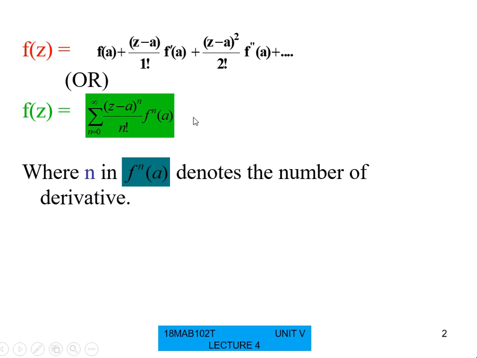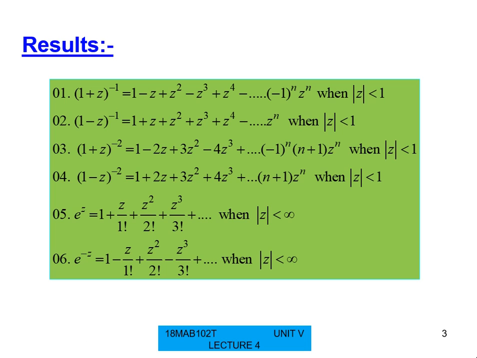So, already we have come across some familiar infinite series. Let us see one by one. These are some infinite series, and you know (1 plus z) whole power minus 1 is a binomial expansion. (1 minus z) whole power minus 1 is also a binomial expansion. Power minus 2 also gives a binomial expansion.